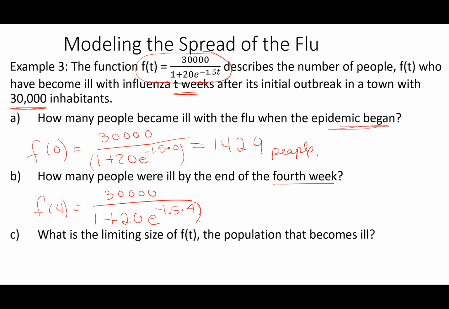And we get by that time, approximately 28,583 people are ill. What is the limiting size? Well, the population of the town is 30,000, so the limiting size is 30,000. And that ends the lecture for 4.5.